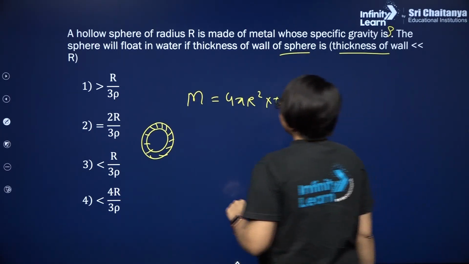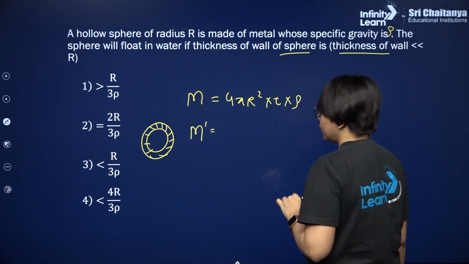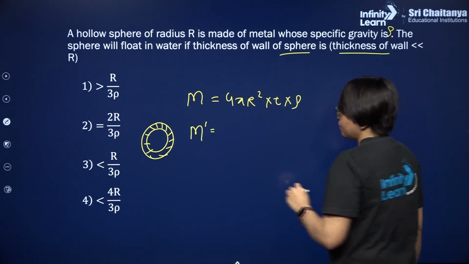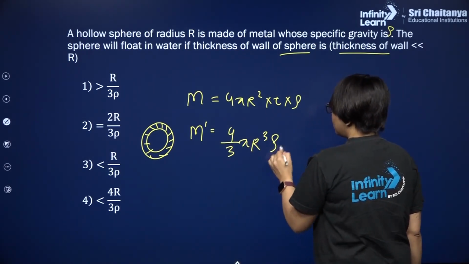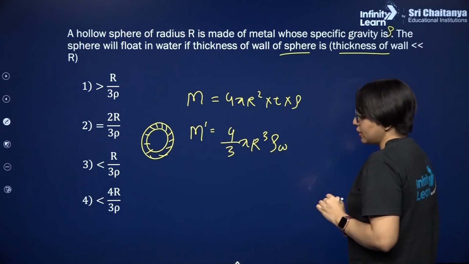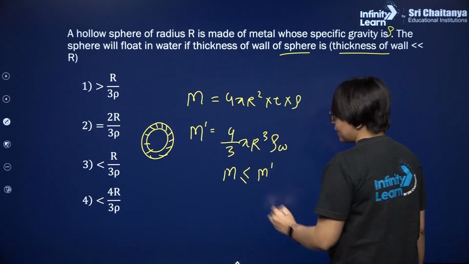Then it is floating in water, so equivalent amount of mass of the water over here is what? It will be 4 by 3 pi r cube into density of water, right. So if this is floating, then m should be less than or equal to m dash over here.